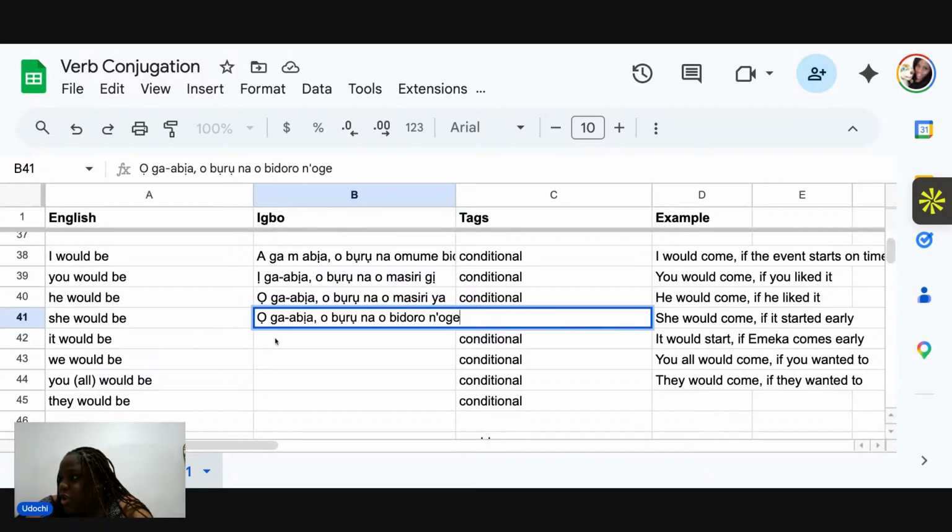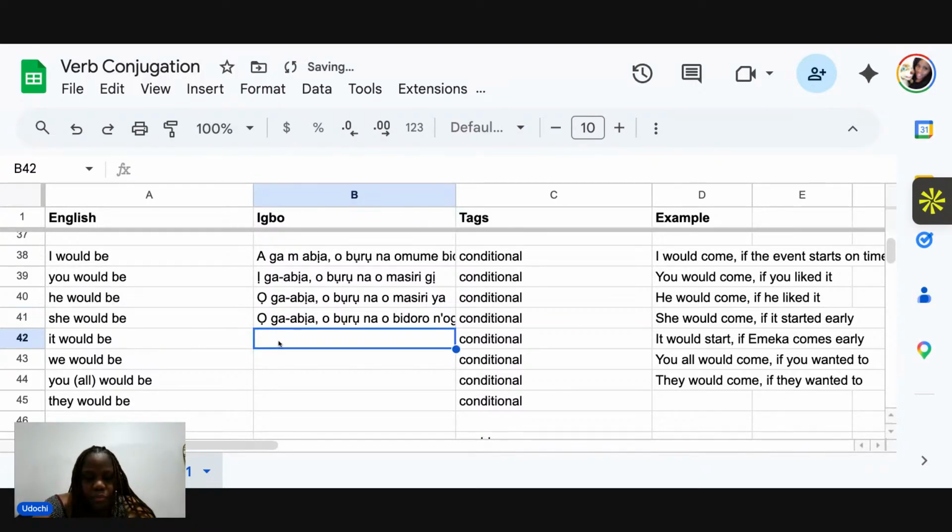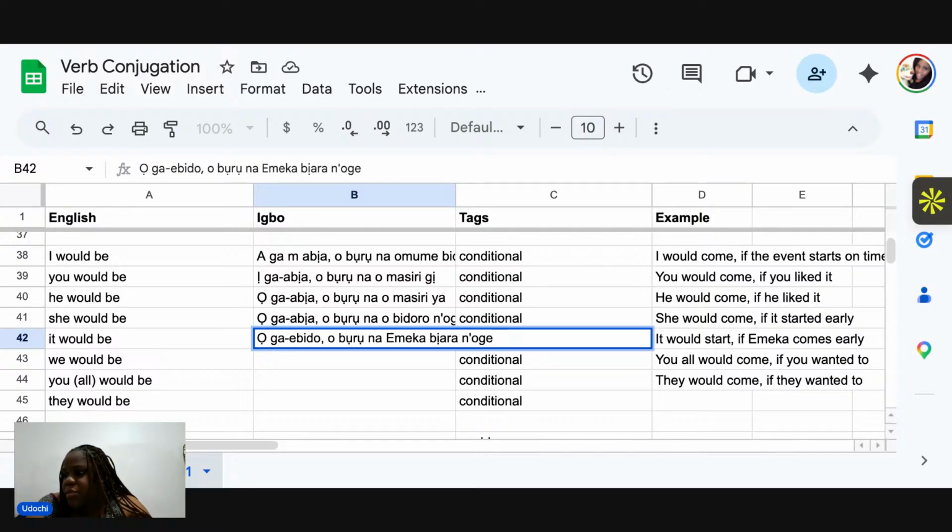It would start if Emeka comes early. Ọ ga-ebido. Ọ bụrụ na Emeka bịara n'oge.